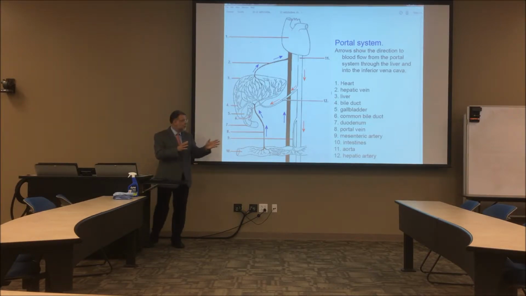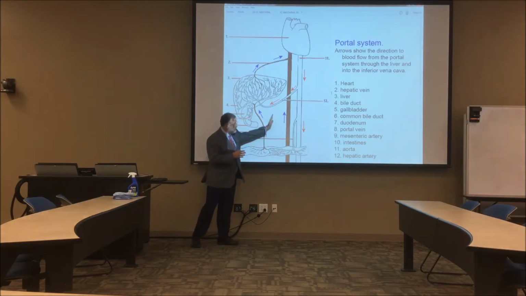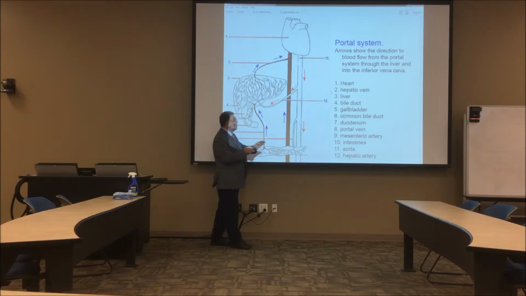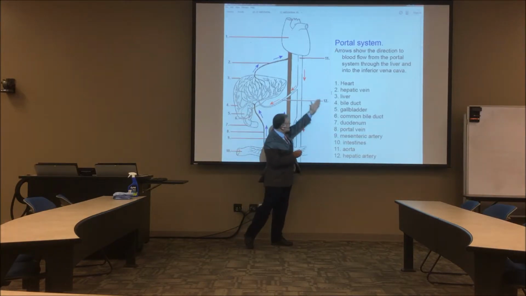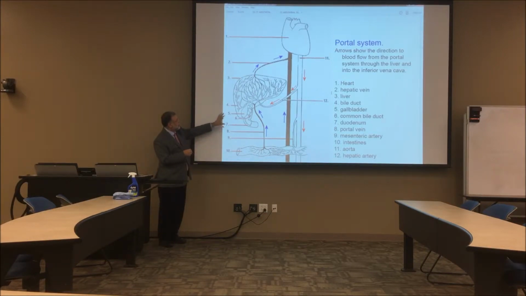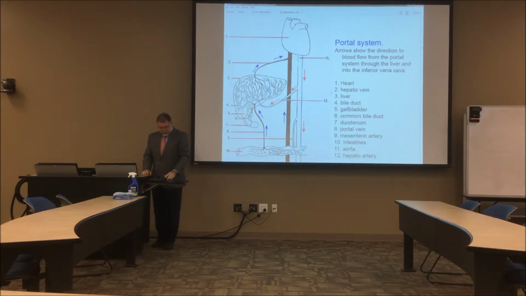Some parts of the organs might go through another way and not necessarily through the portal system, but for practical purposes, all the abdominal organs have to go through this, for the purpose of detoxification or metabolic processes that they need to have.